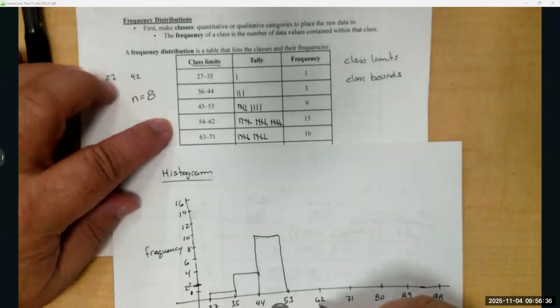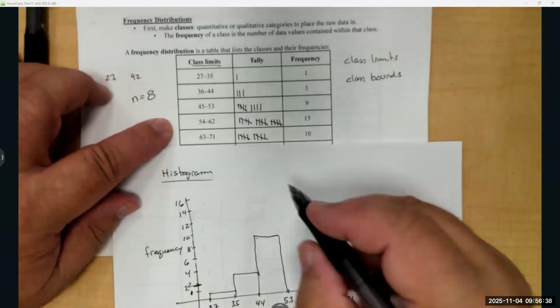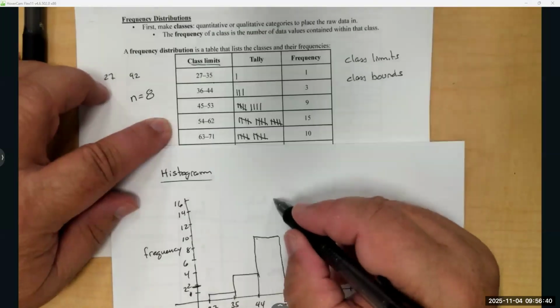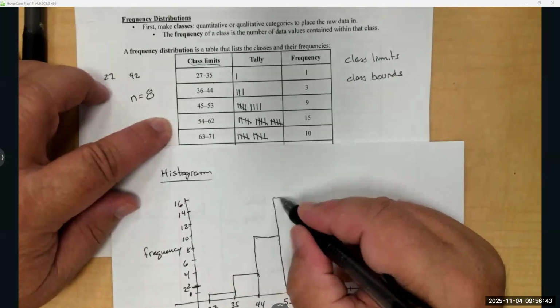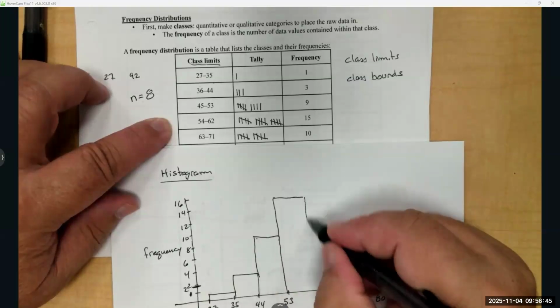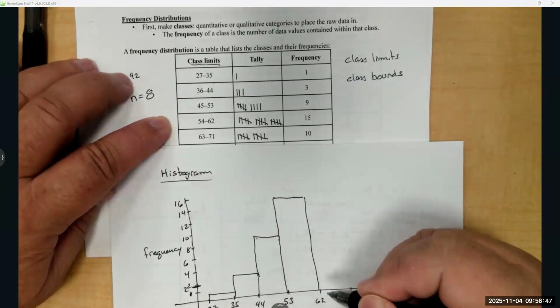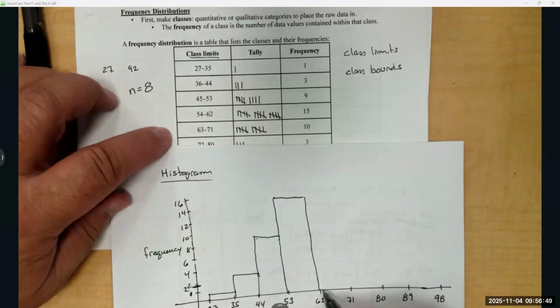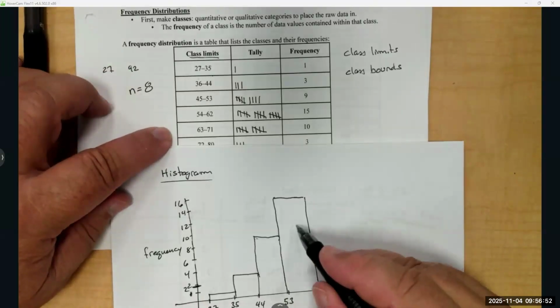Then from 54 to 62, there are 15. 15's all the way up there. Then from 63 to 71, there are 10.